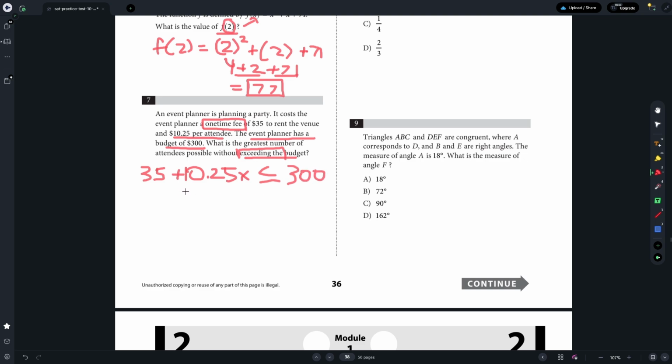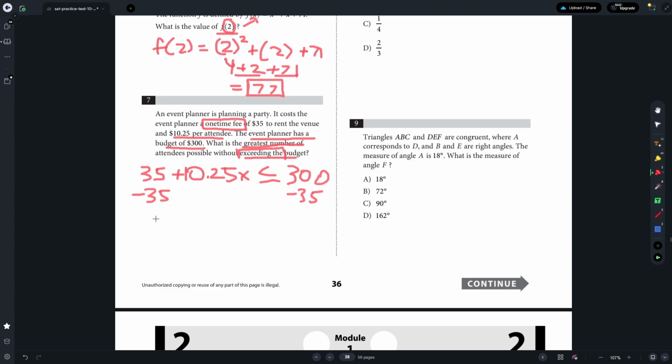So they want you to solve this inequality for x, since they want to know the greatest number of attendees possible. How do we solve for x? First, we have to subtract 35 from both sides. Remember, when there's an equation, if you do something to one side, you always have to do it to the other side.